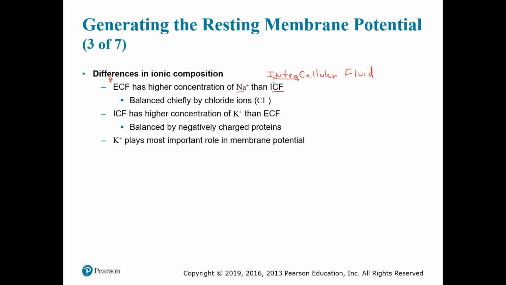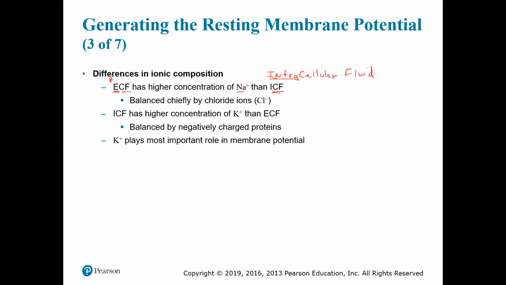So get the difference between those, because that gets confusing sometimes. So we use ECF, extracellular fluid, for the outside, because sometimes that can be called the intercellular fluid or interstitial fluid. So we like to say extracellular fluid because it makes it easier to tell the difference between ECF and ICF.